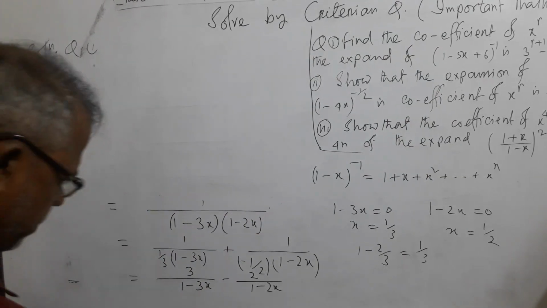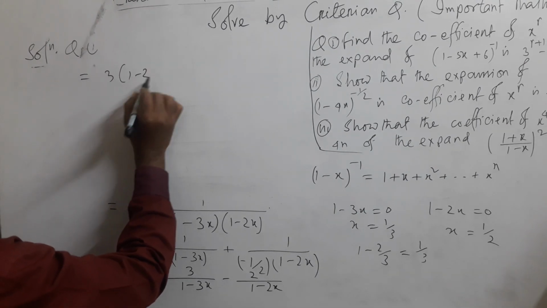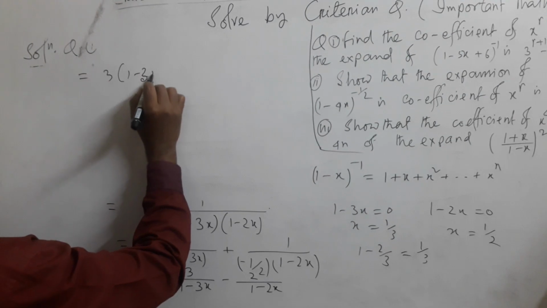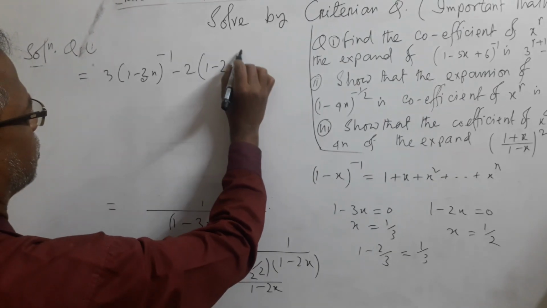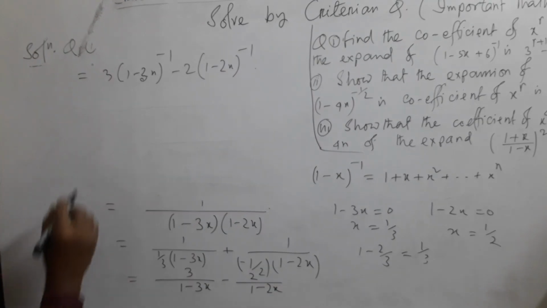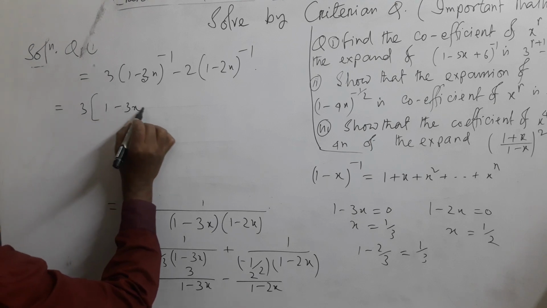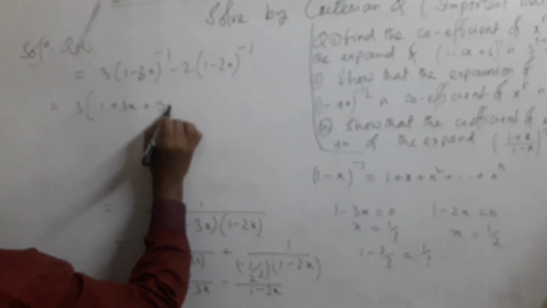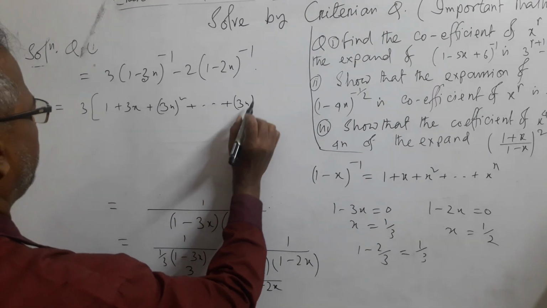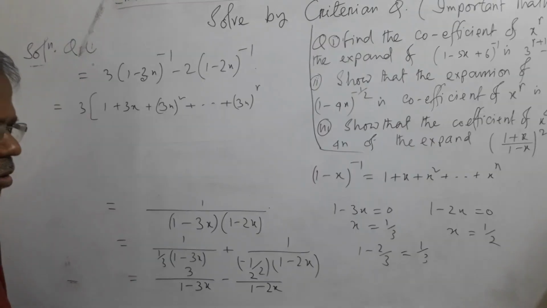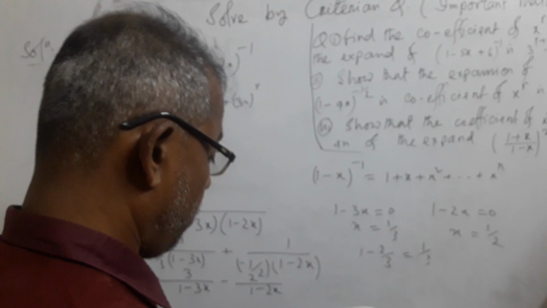So 3 into (1 minus 3x) to the power minus 1, minus 2 into (1 minus 2x) to the power minus 1. That implies 3 into (1 plus 3x plus (3x) whole square plus up to (3x) to the power r), and this is the formula.